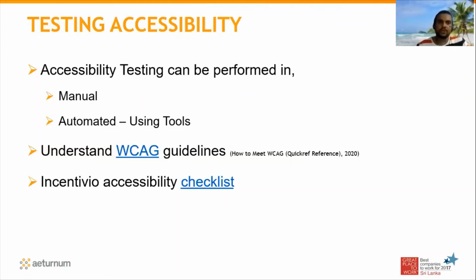So I'm going to move into the testing accessibility slides. Accessibility testing can be performed in two ways: manual and automated. Automated testing uses tools, and here we have understanding WCAG guidelines, and I'll show you how to access the WCAG guidelines.